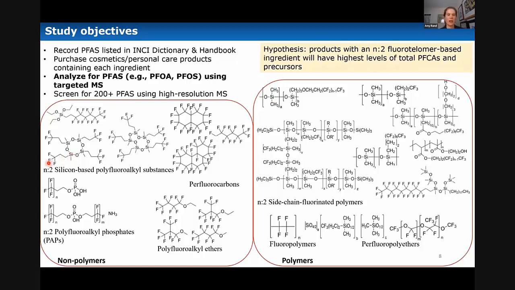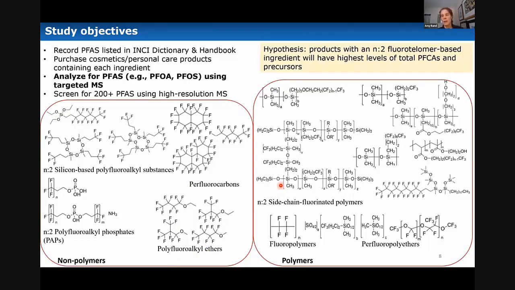So this would be a 1,2 silicon-based polyfluoroalkyl substance. We also had fluorotelomer polyfluoroalkyl phosphates, or PAPs. There were perfluorocarbons as well as polyfluoroalkyl ethers.